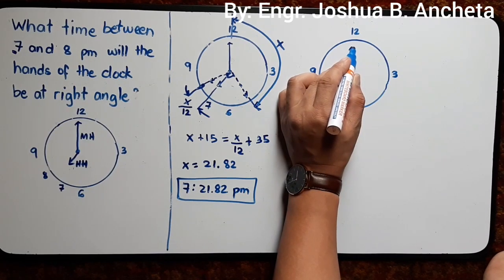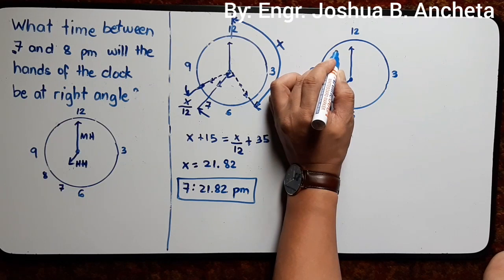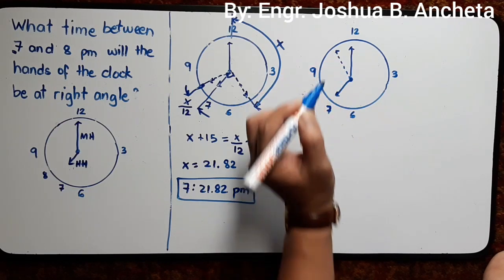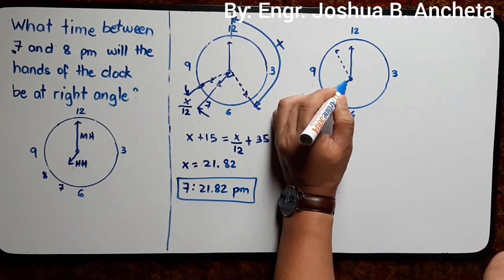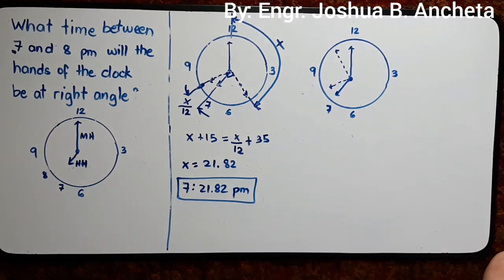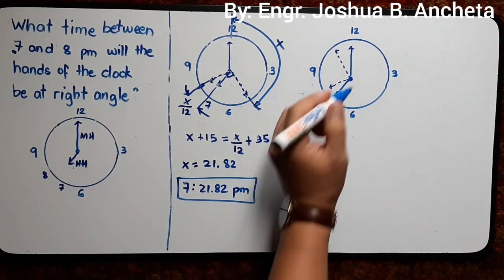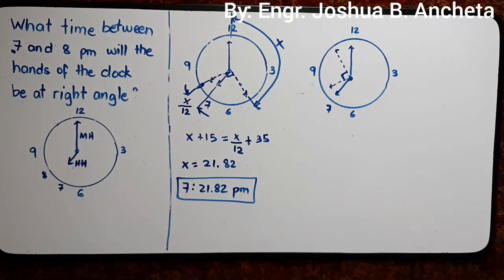From the 12 position, it will move up to this side, and the hour hand will move from this position up to this position. Okay? So they are now at 90 degrees or right angle.